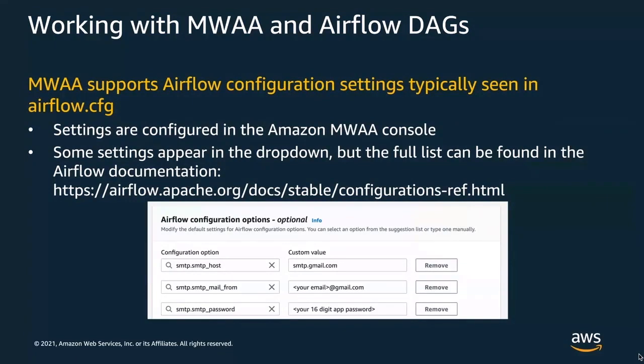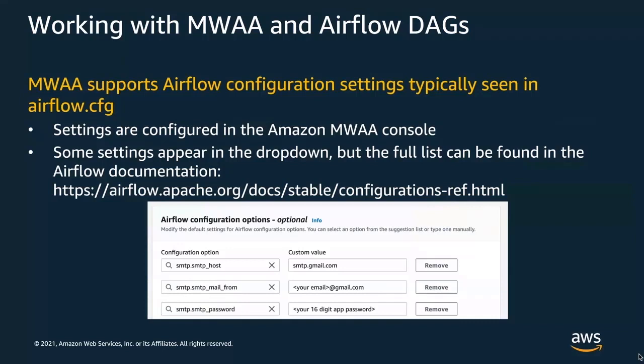And lastly, when it comes to overall configuration of the environment, and things that you're familiar with if you're an existing Airflow developer today, we support the same settings that you would typically see in the Airflow config, or airflow.cfg. In the interface, this is available to you via the Amazon console, not the Airflow UI in this situation.